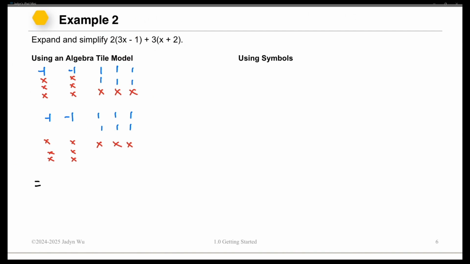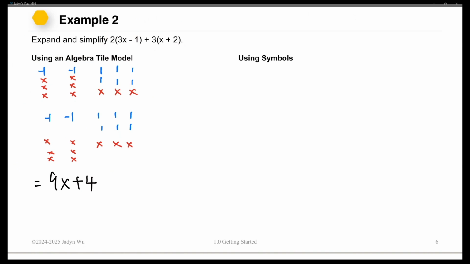So this will be a value of positive 4. And we have a total of 9x here. So it will be 9x plus 4. This method is easy and understandable, but it can be very time consuming. That's why we'll usually use the symbols.